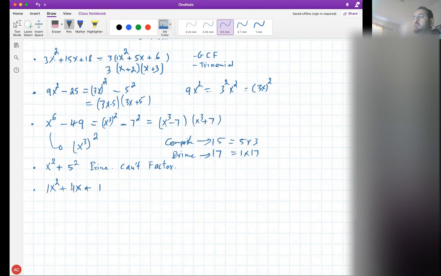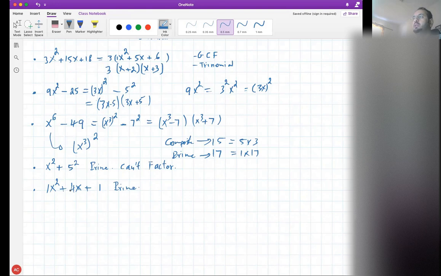You won't be able to find 2 numbers that multiply to 1 and add up to 4, no matter what you try. There's only 2 numbers that multiply to 1. Those are 1 and 1 or -1 and -1. Integers, I mean, 2 integer numbers. And you can't get 4 from adding or subtracting 1 and 1. So sometimes you can't find the numbers. In that case, again, you can say it's prime.